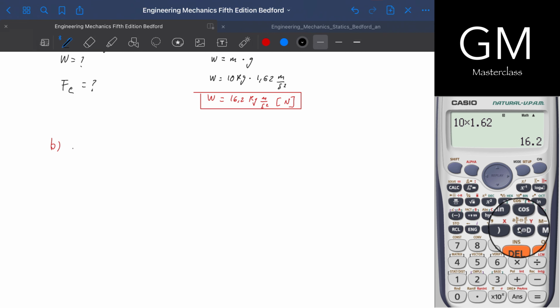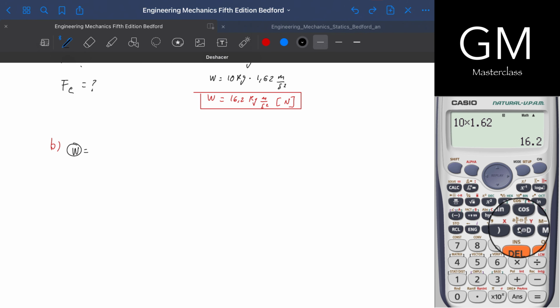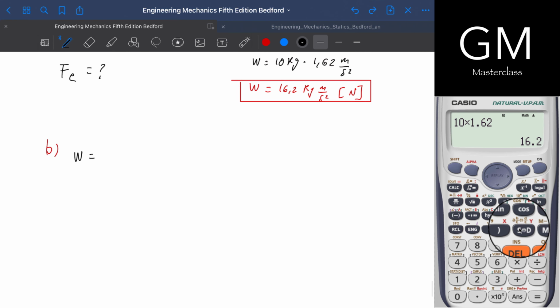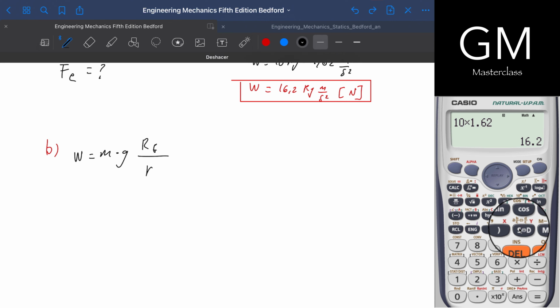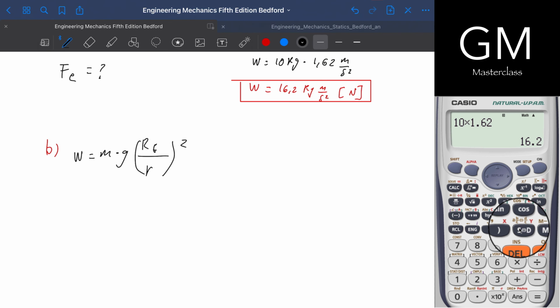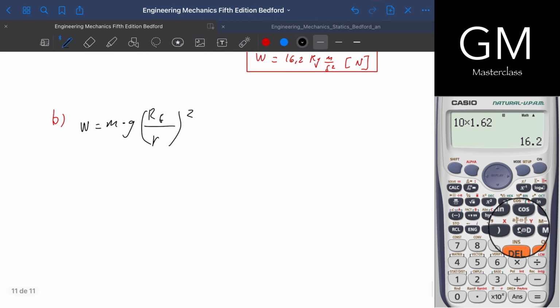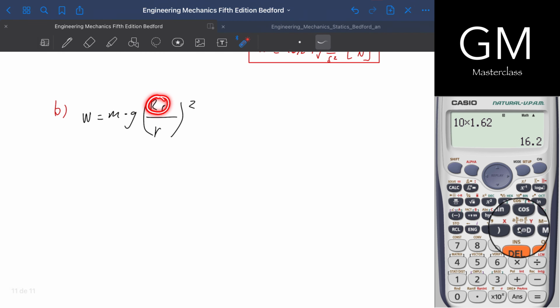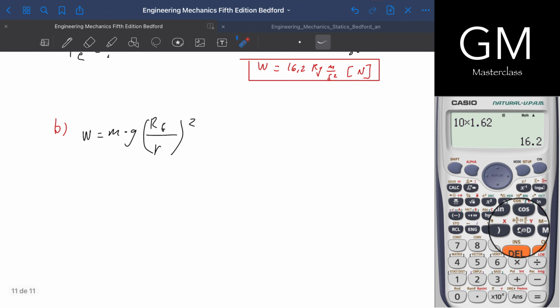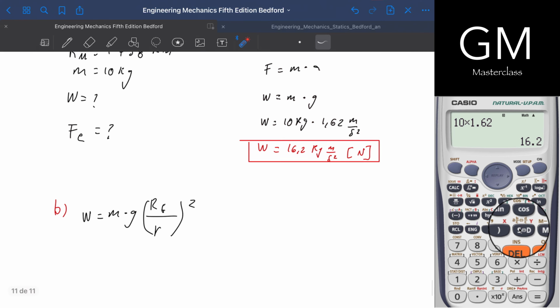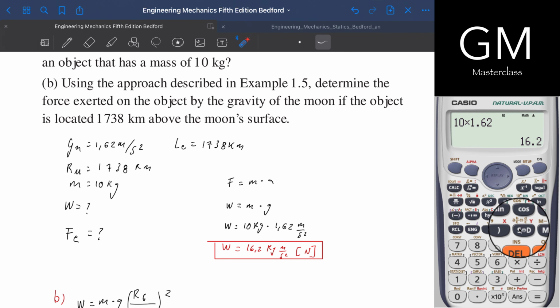That equation says the weight, which is the same as the force Fe, or the force exerted, is equal to the mass multiplied by the gravity multiplied by Re divided by r, the two of them evaluated to the second power. In this case, Re is the radius of the moon, and r is the distance between the two particles, in this case the center of the moon and the object.